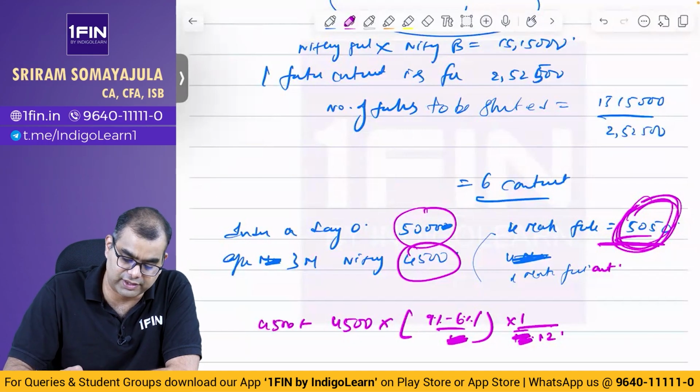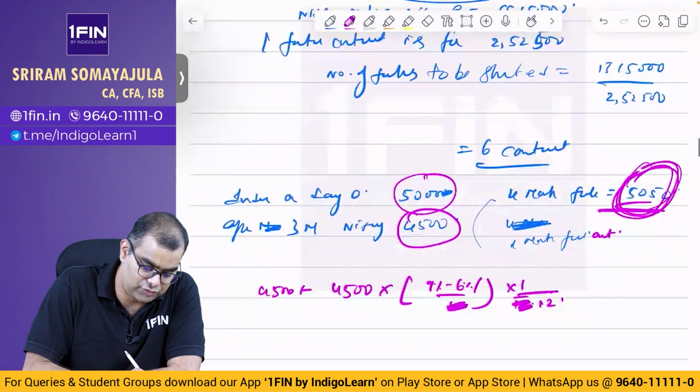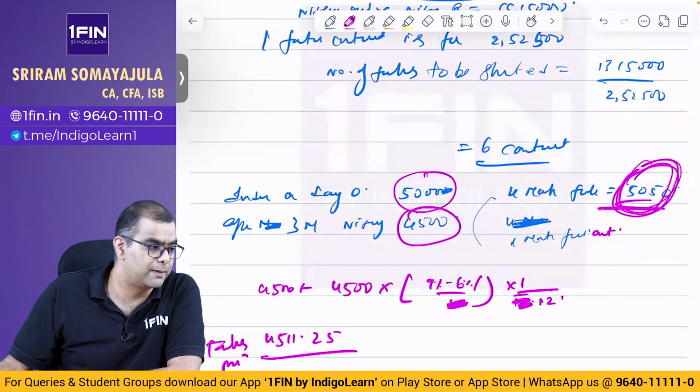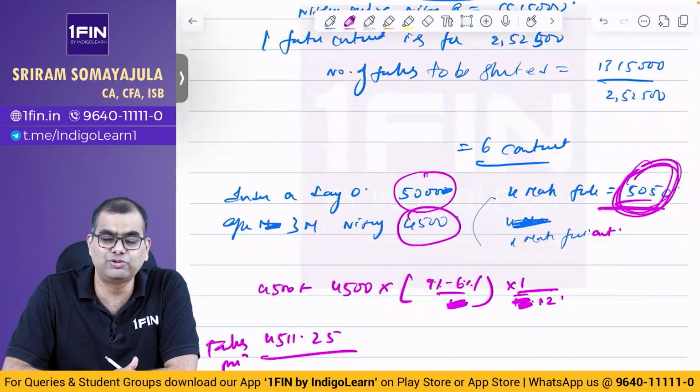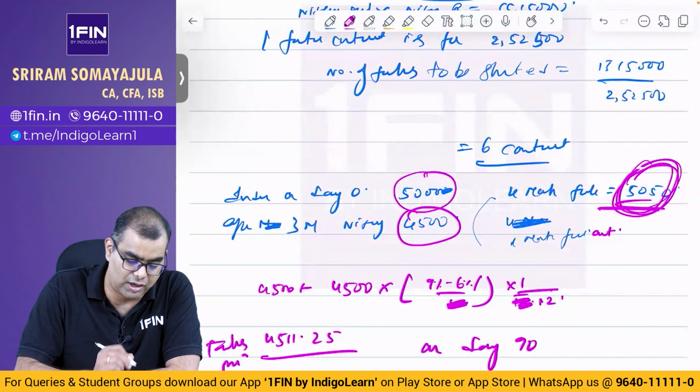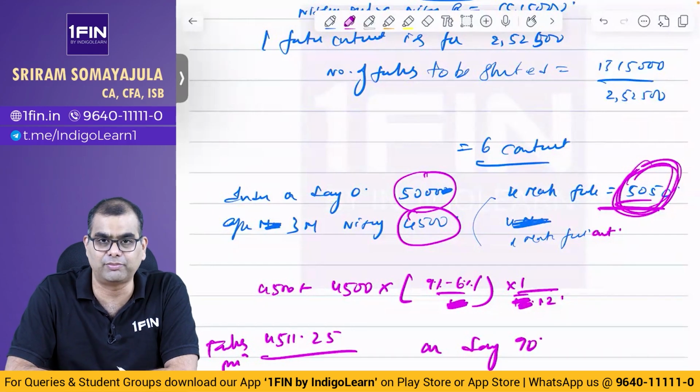So 4,500 into 3% divided by 12 is 11.25. So 4511.25 is the futures price. This futures price is on day 90. On day 90, futures price is 4511.25.